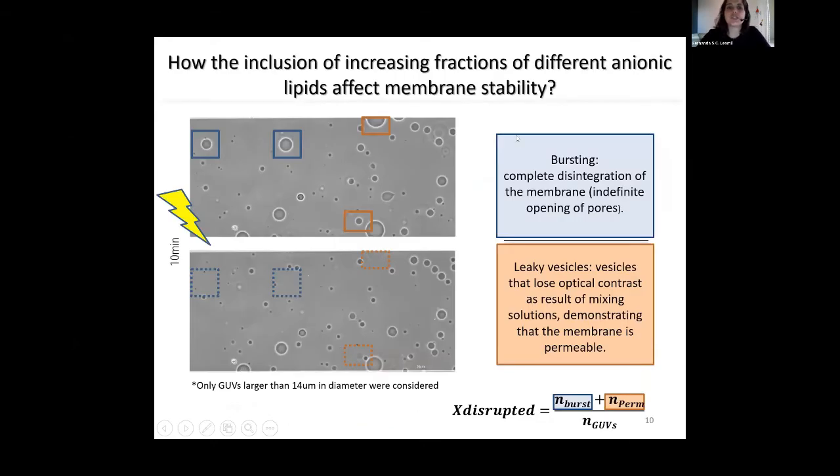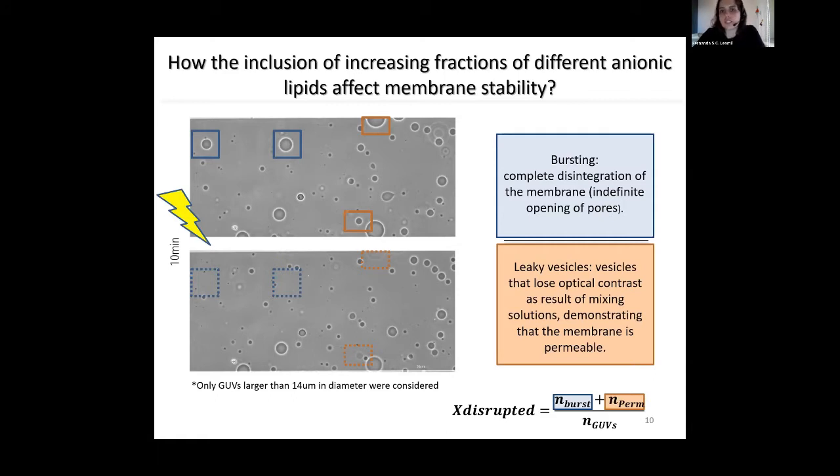So initially, we sought to investigate how the inclusion of increasing fractions of different anionic lipids would affect the destabilization of the membrane upon electroporation. In order to do that, we observed a population of UVs for about 10 minutes after the application of the pulse, and we measured the number of UVs that underwent bursting, as we can see in blue.